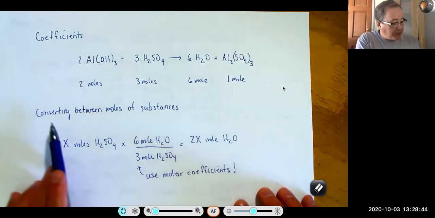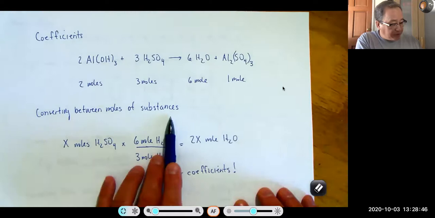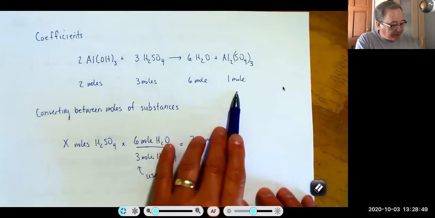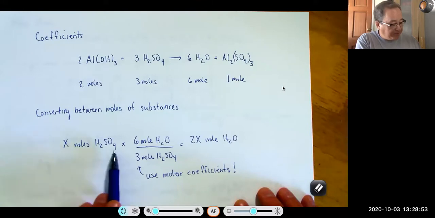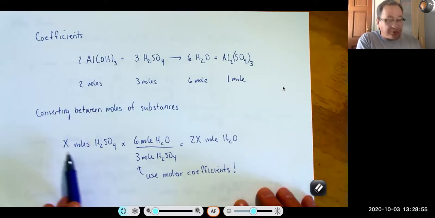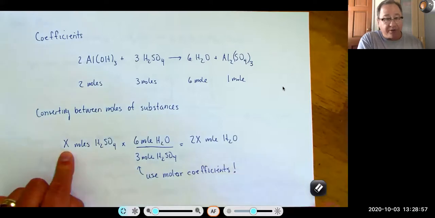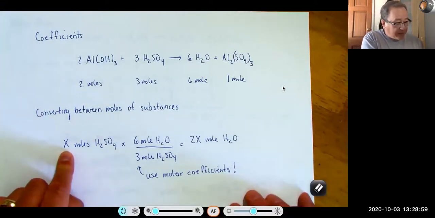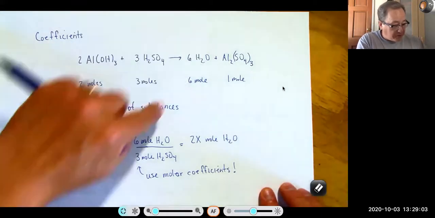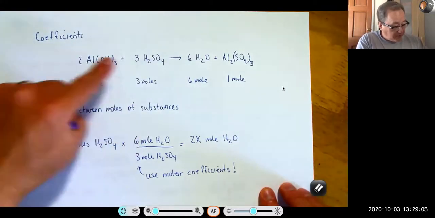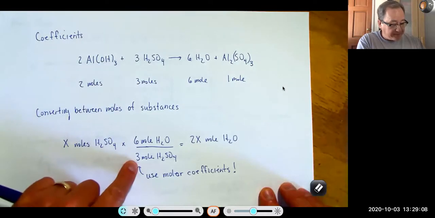And if we want to convert between moles of substances, we simply use these mole ratios. So for instance, if we had X moles of H2SO4, and we could pretend that this number is 2 just for argument's sake, and we want to get moles of H2O, we would multiply by 6 mole of H2O to 3 mole of sulfuric acid.